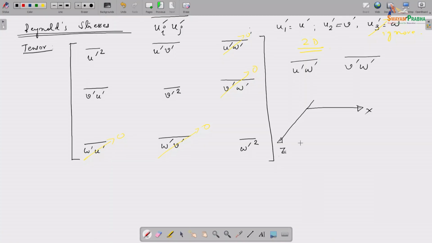This is your X, and this is your Z axis.